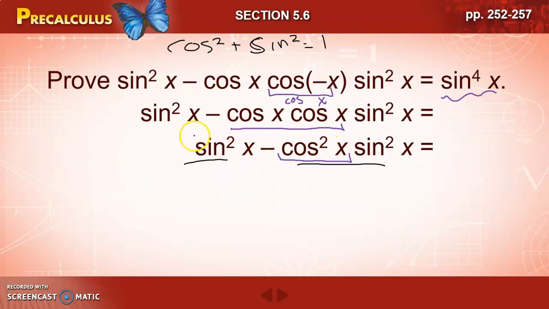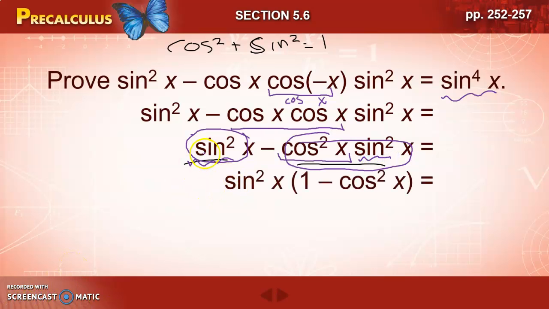We now have two terms. We have sine squared x minus cosine squared x times sine squared x. Both of these terms have a sine squared x, so we can factor that sine squared x out. And when we do, we're left with 1 minus cosine squared x in parentheses. Anytime you see that 1 minus or 1 plus, that should make you think of the Pythagorean identity there. And our Pythagorean identity says that 1 minus cosine squared x is sine squared x. So we're going to substitute that using our Pythagorean identity.